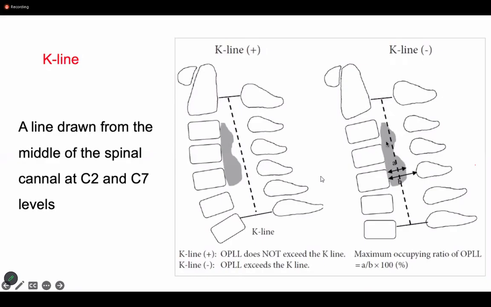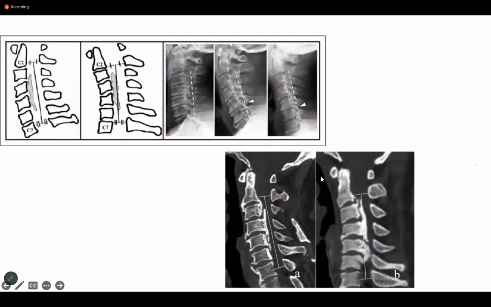And when the mass is at the same position as the K-line, the K-line is negative.